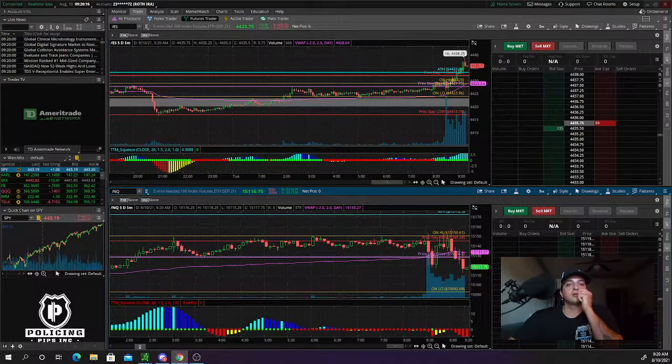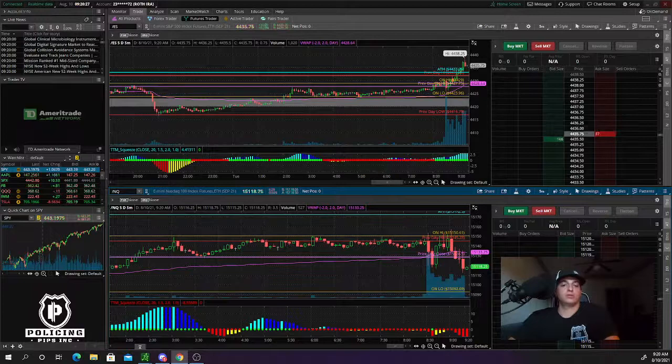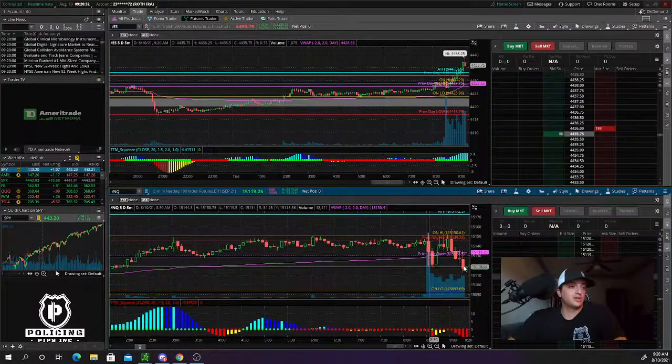Don't worry. Be happy. Now, if it holds back above 21, it could still be long. Like I said, this just looks like it could have been trying to take out some of those stops down below.